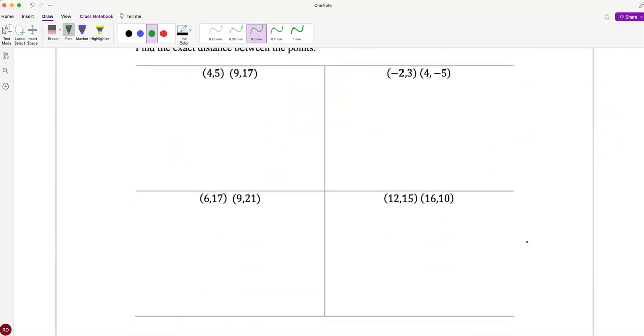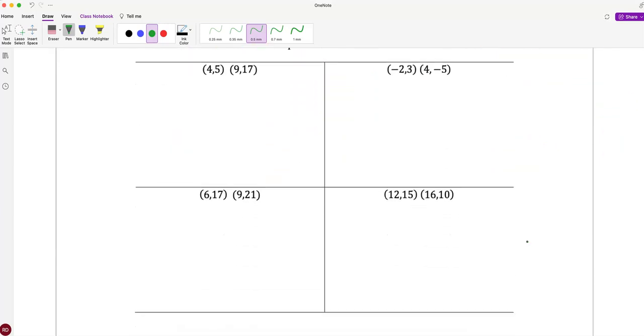Okay. It doesn't matter which point is x1, y1 and which is x2, y2, because you find the difference, but then you square it. So all I need for the distance is, subtract the x's, okay? So 4 minus 9 squared plus subtract the y's, 5 minus 17 squared.